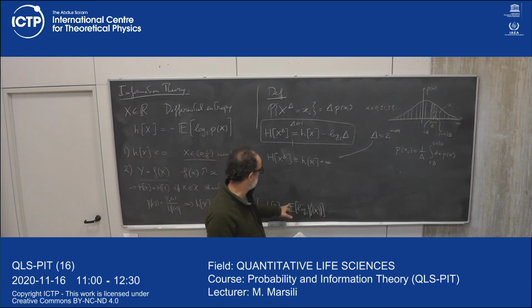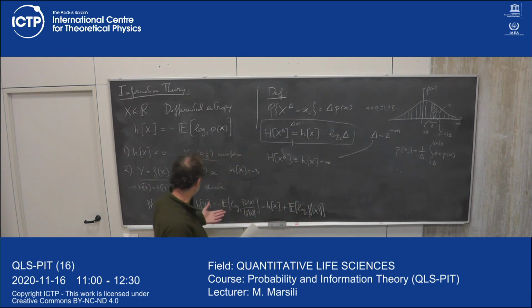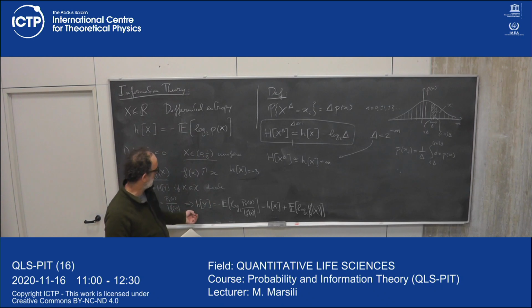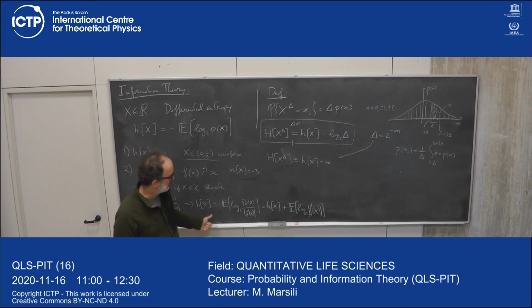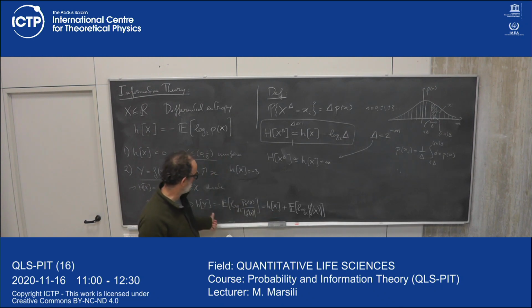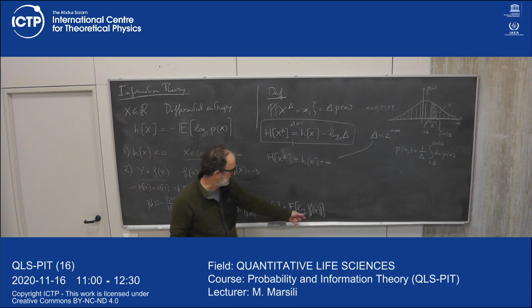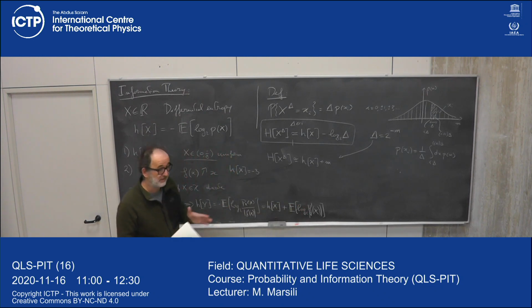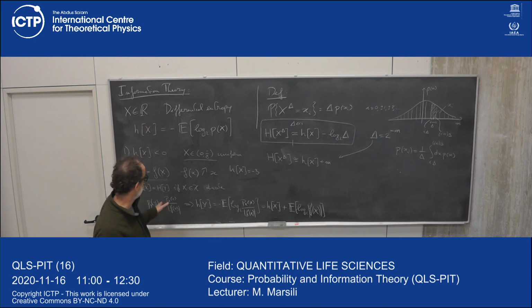So this term here accounts for the fact that a precision of delta on this random variable y is not the same as the precision of delta on the random variable x. If you want to relate the two, then you have to account for a change of scale that is given by this transformation here.